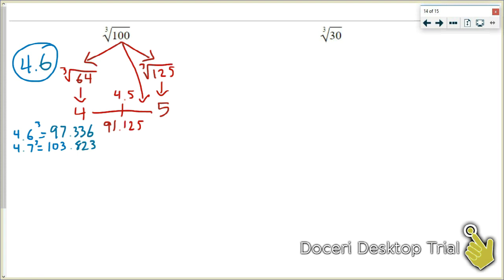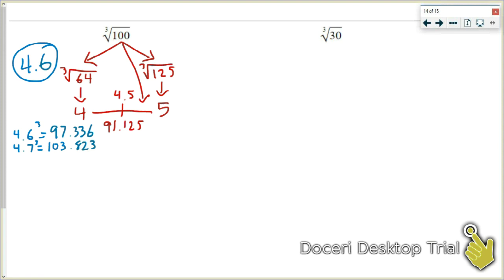Okay. So again, just to recap, very similar to square roots, except we're just using our cube numbers, our perfect cubes, and anytime we estimate and check an answer, we multiply it by itself 3 times instead of 2. Okay?